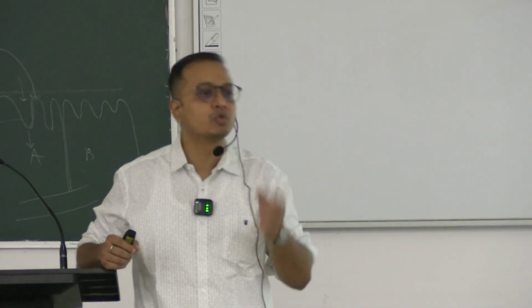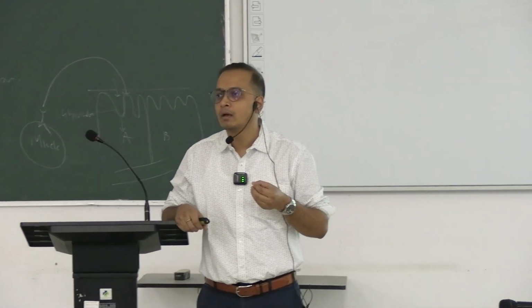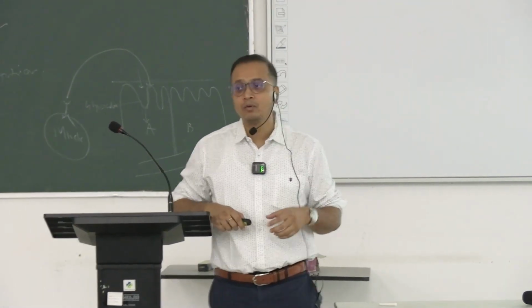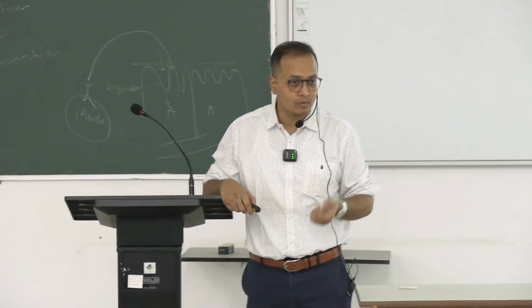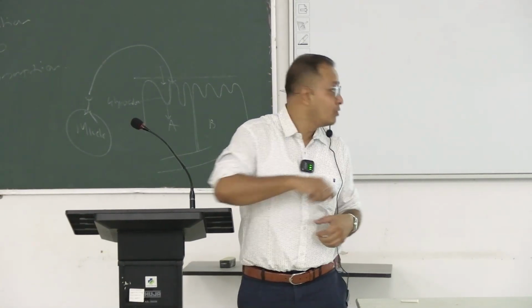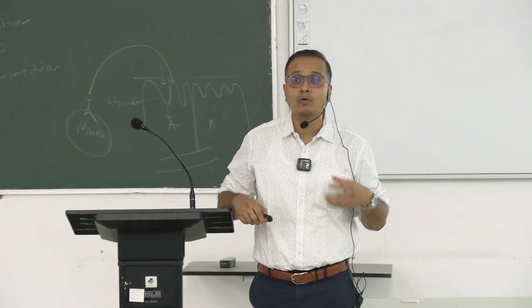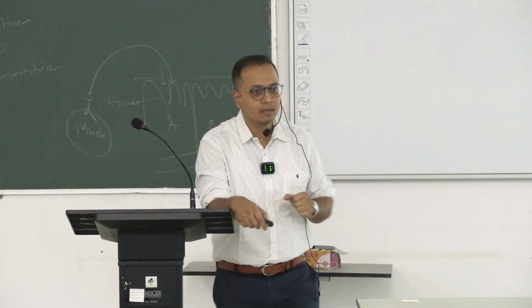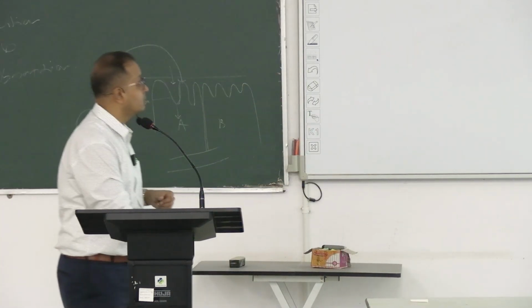And out of these 4 narrowings, which is the narrowest, that you also have to know. I am not going to tell you. You have to study your books and come up with the answer. Which is the narrowest constriction the esophagus has? That is for you to find out.